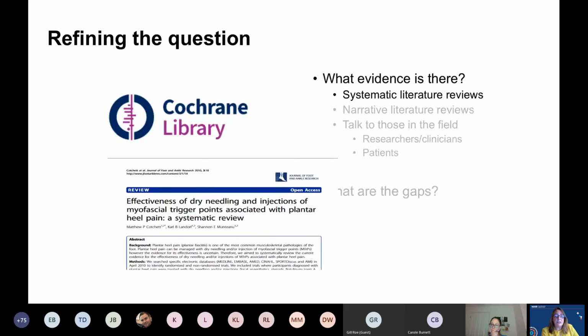But in a lot of other areas, and I know that this is the same in some of the more emerging professions, there's not enough evidence to actually do a systematic review, and this is one of my favourite systematic reviews, which is basically the effectiveness of dry needling and myofascial injections on trigger points with plantar heel pain.